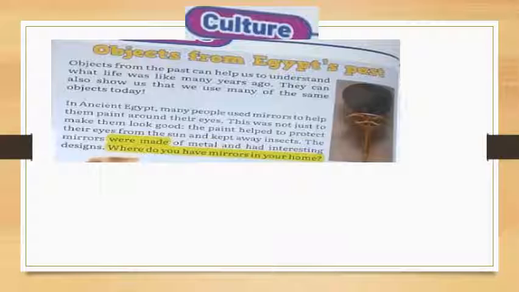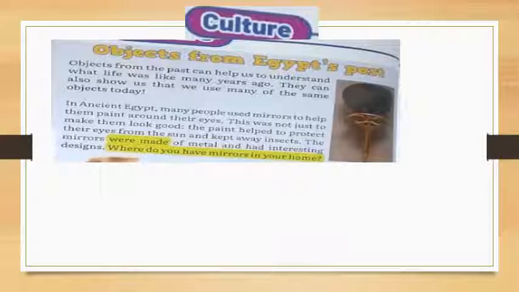In ancient Egypt, many people used mirrors to help them paint around their eyes. This was not just to make them look good. The paint helped to protect their eyes from the sun and kept away insects. The mirrors were made of metal and had interesting designs.